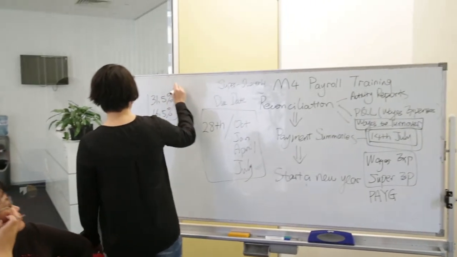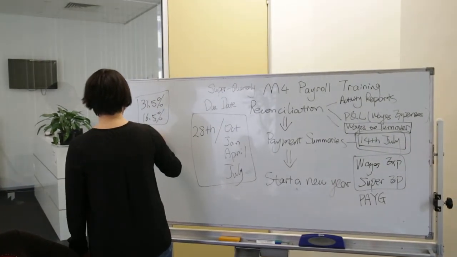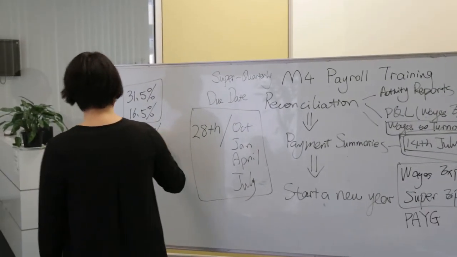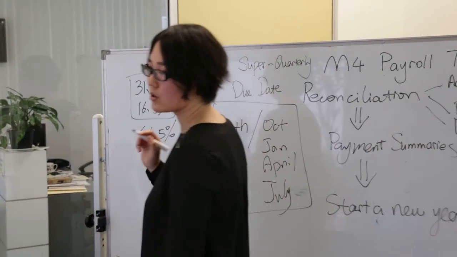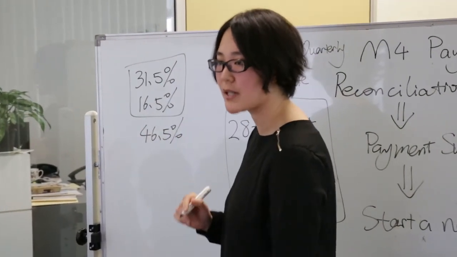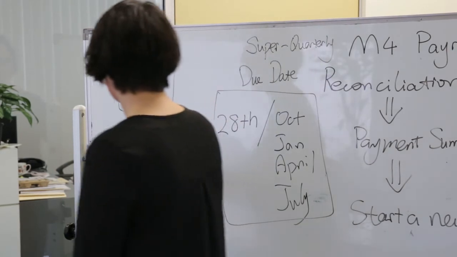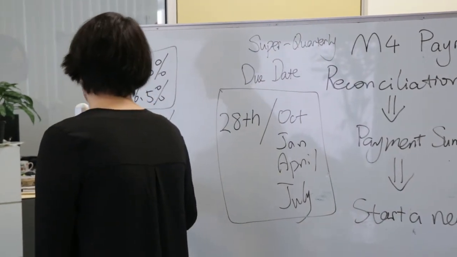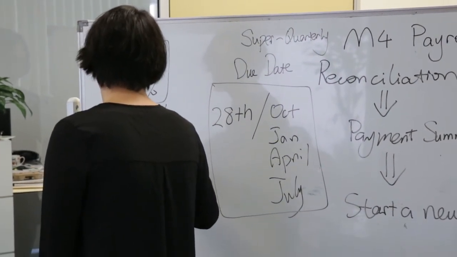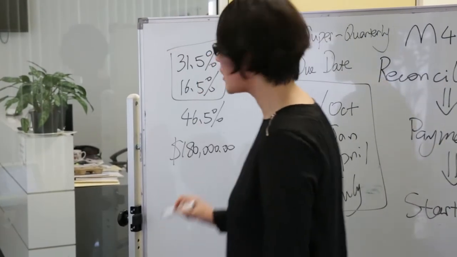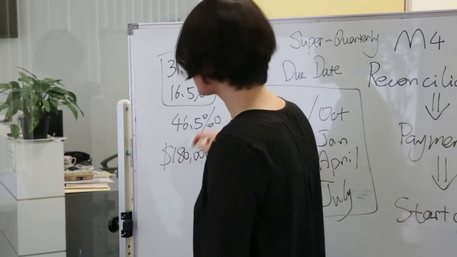These are two main things. 46.5 is the marginal rate. This one is only for your annual gross wages plus your terminated pay over 180,000 per year. Yeah, and then you will use this rate.